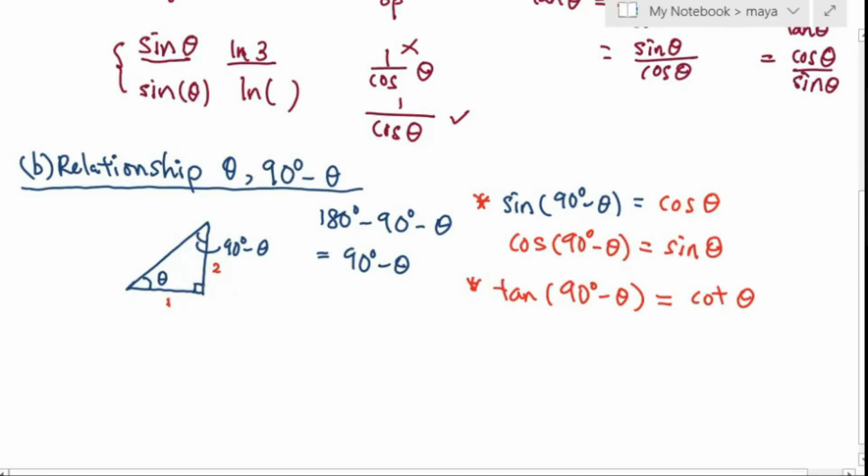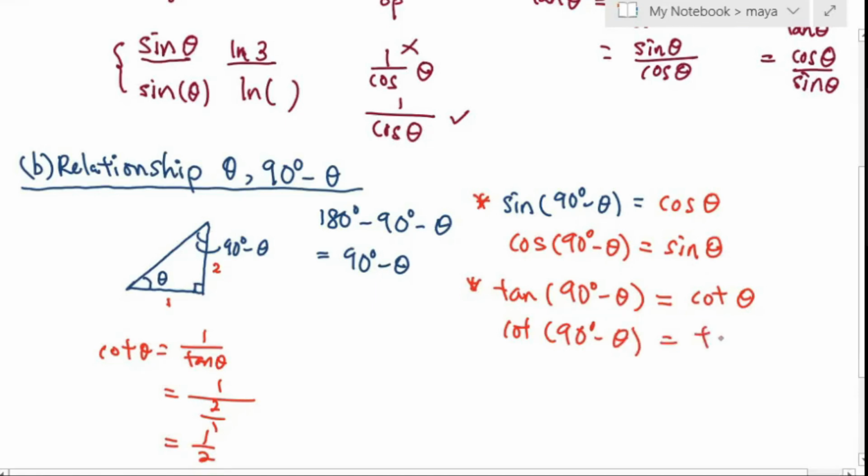Cotangent theta is 1 over tangent theta, so it is 2 over 1, so it is 1 over 2 also. They are referring to the same ratio. Therefore, cotangent 90 minus theta equals tangent theta. So cotangent and tangent, they are friends.